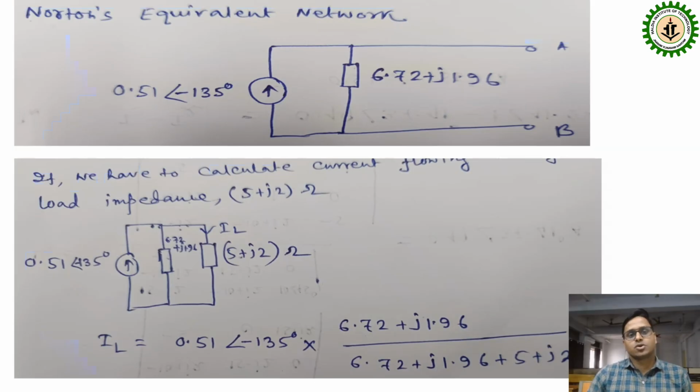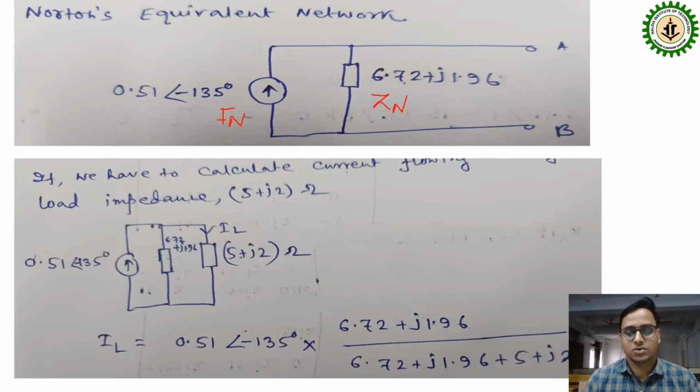Next, Norton's equivalent circuit. Here, Norton's current, we have derived that this is the IN, and this is the ZN. So in earlier cases in Thevenin's theorem, the VTH was there, but here IN is there.